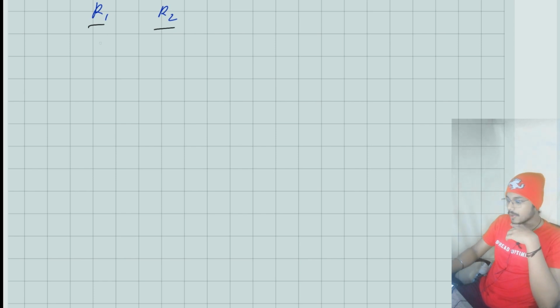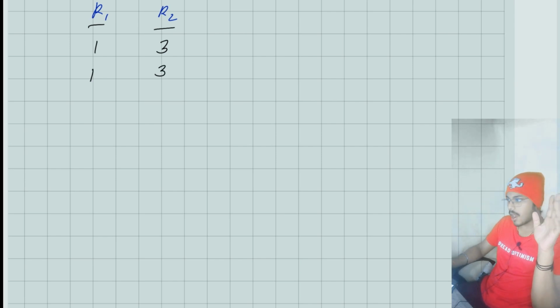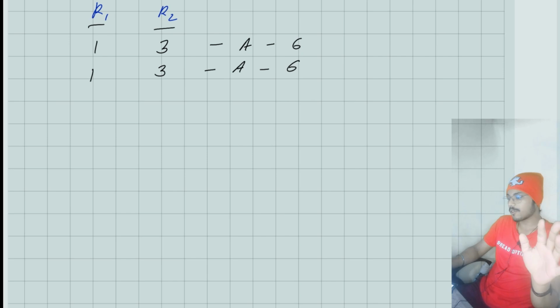So you use 1 unit of R1 and 3 units of R2, then the next 1 unit of R1 and 3 units of R2, and these combinations produce product A, and product A gives 6 rupees of profit each time.